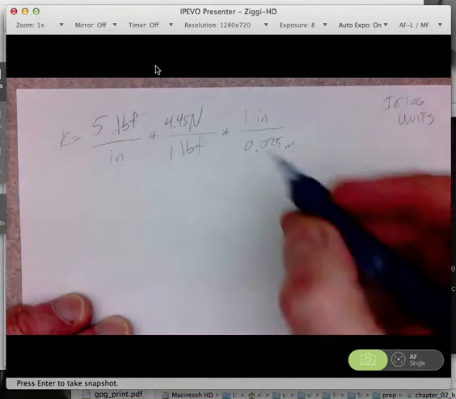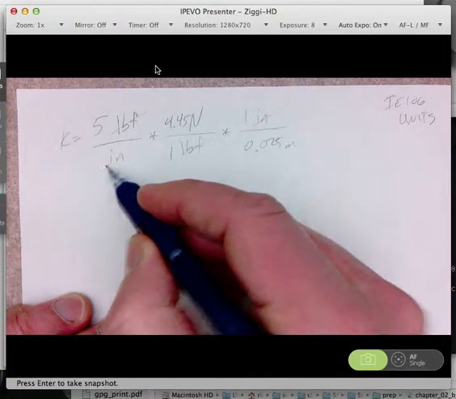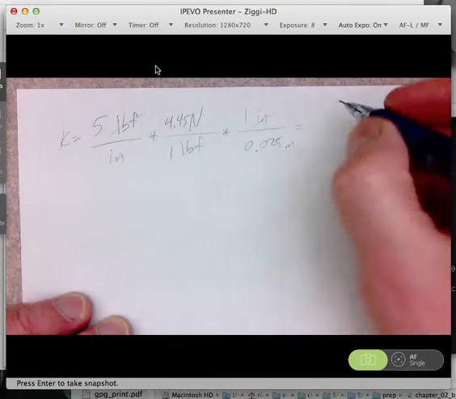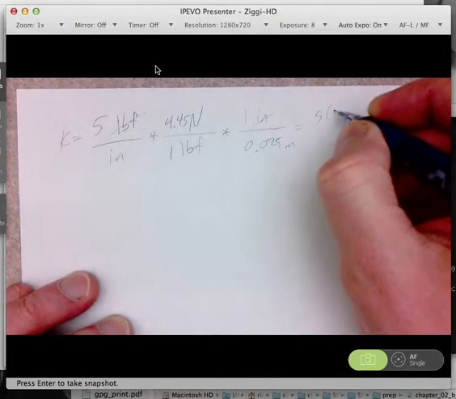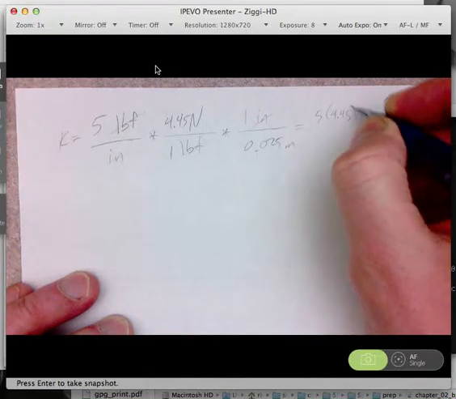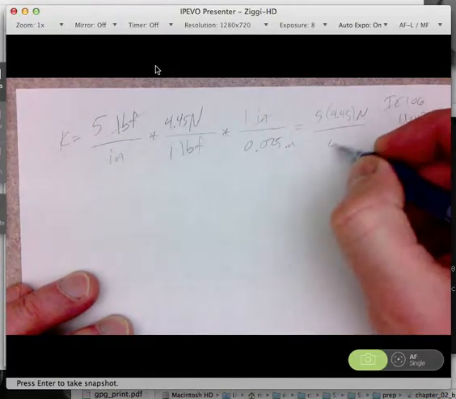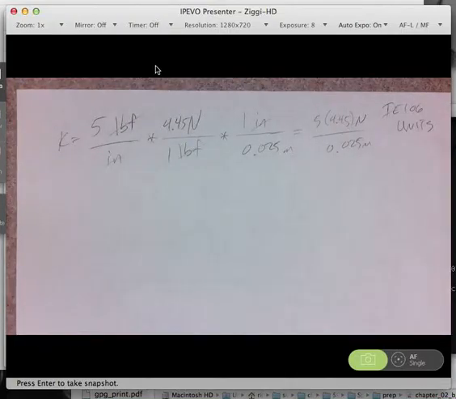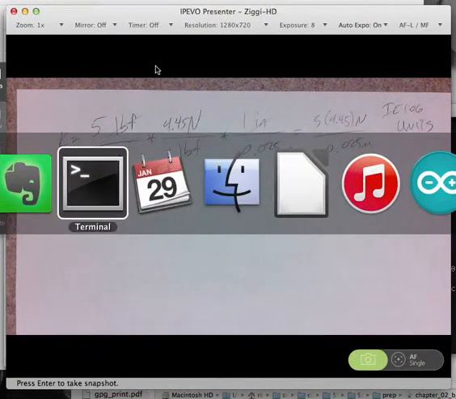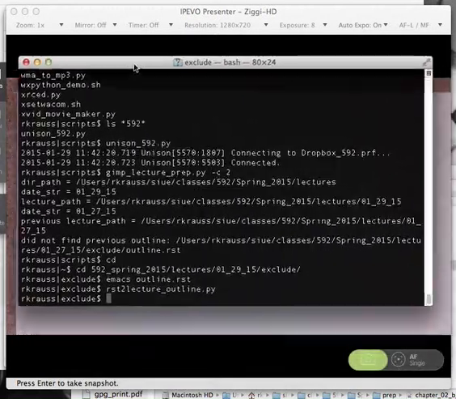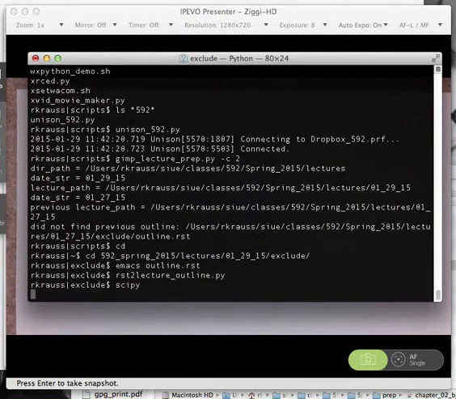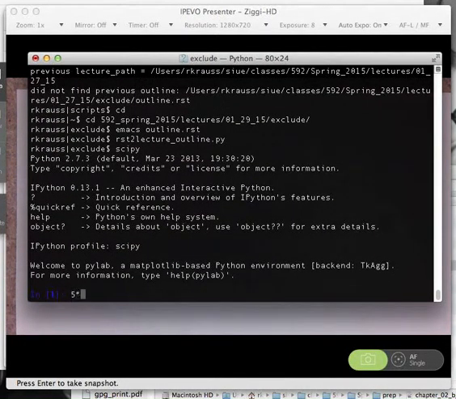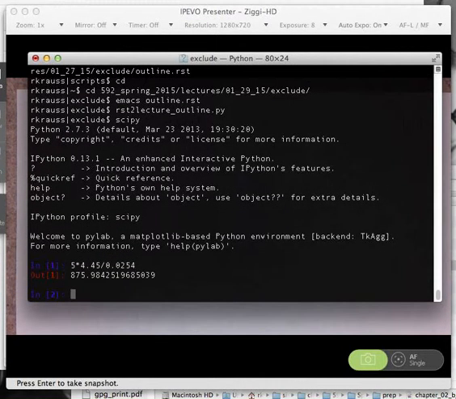And again, the inches in the numerator cancel with the inches in the denominator, and so the final answer is going to be 5 times 4.45 newtons divided by 0.0254 meters. So let's multiply that out and get a final answer.